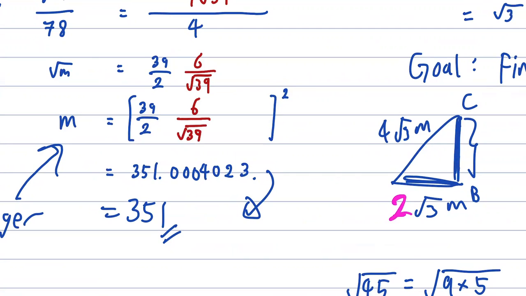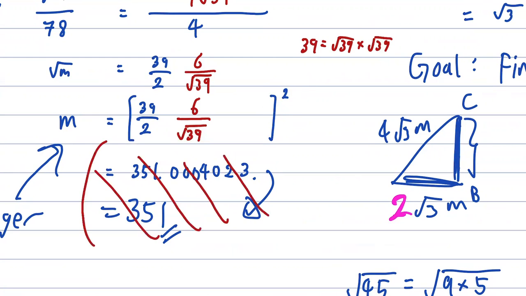Over here, before we take the square, what we realize is that 39 over square root 39, what is it equal to? 39 is square root 39 times square root 39. So if you divide by square root 39, one of them will cancel off. This means we get square root 39 at the top, multiplied by 6 over 2.